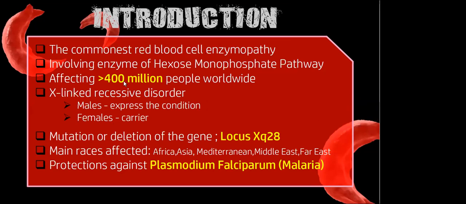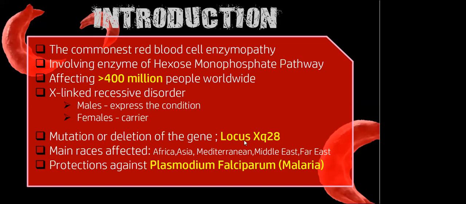It is affecting more than 400 million people worldwide, and it is an X-linked recessive disorder. So that's why a male will express the condition and the female will be the carrier. It also involves the mutation or deletion of the gene locus at Xq28. And the main races affected would be Africa, Asia, Mediterranean, Middle East, Far East.